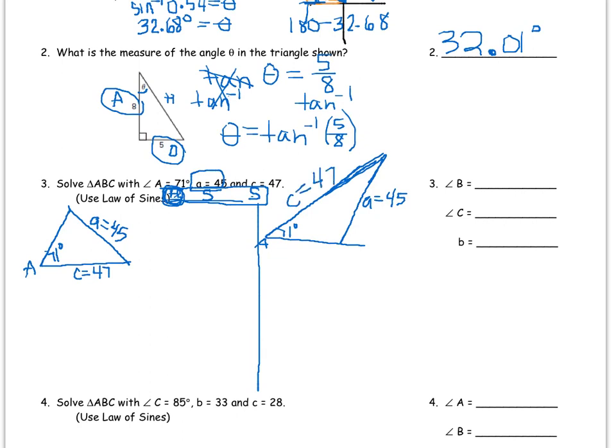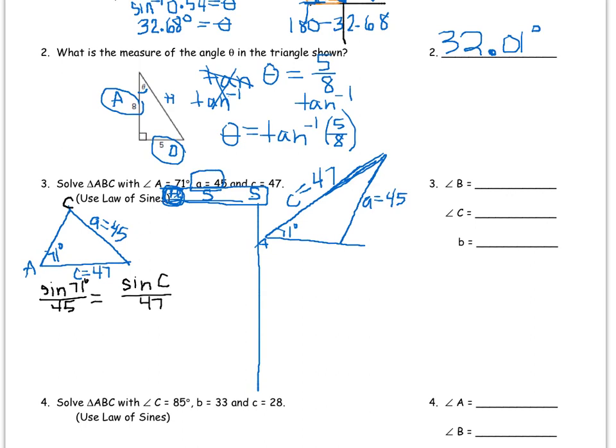That could be 47. So we need to set it up, and notice that no matter which of these triangles you look at, you'd have the sine of 71 over 45 equals, now the angle C is the next thing I can find, the sine of angle C over 47.